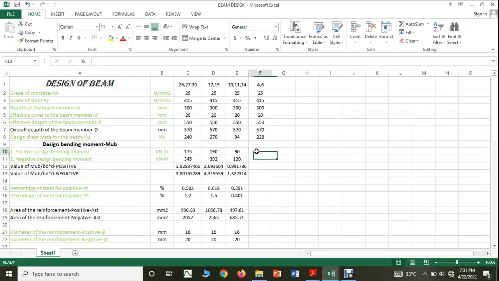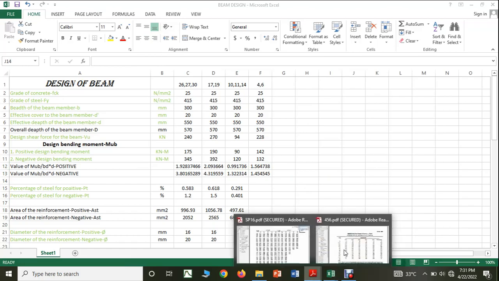So 141 and 132, right? If you calculate the value of this, you are going to get 1.5, that is, I can take it as 1.6 and 1.5.